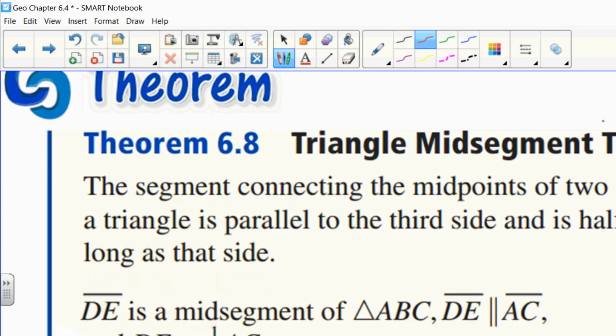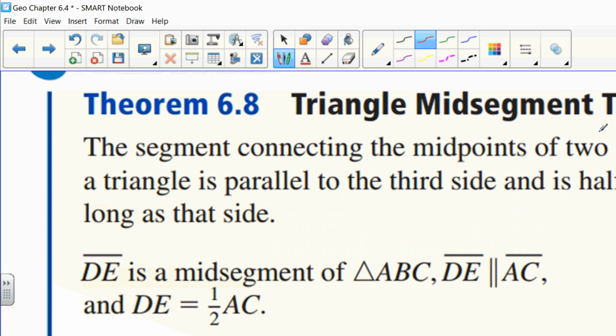One of the other interesting parts about the midsegment is that the midsegment connecting two midpoints of a triangle is parallel to the third side and is half as long as the third side. So the distance from D to E is equal to half the distance from A to C. So whatever its length is, it's half of it.